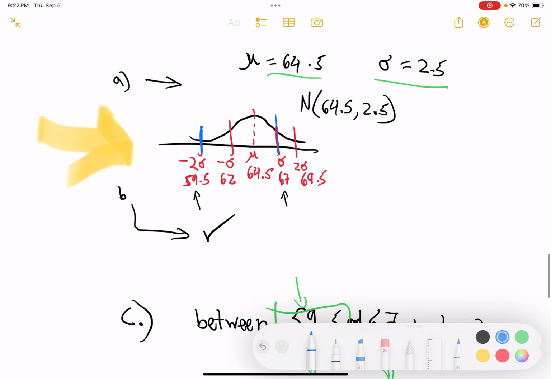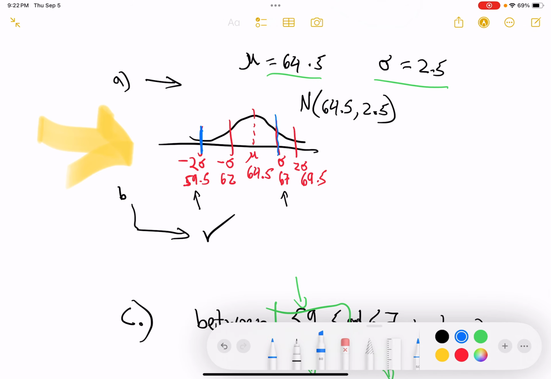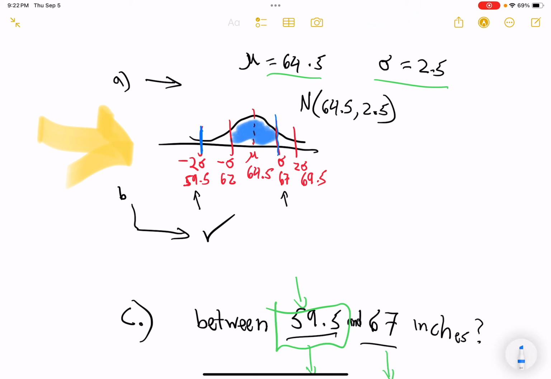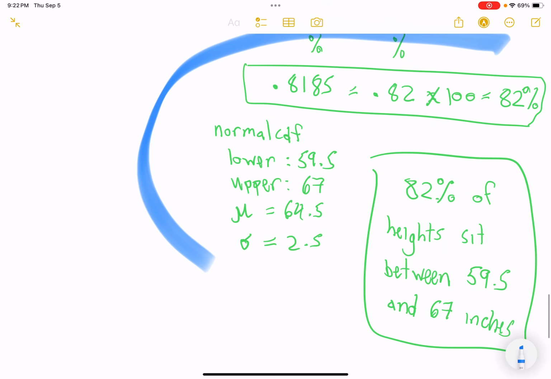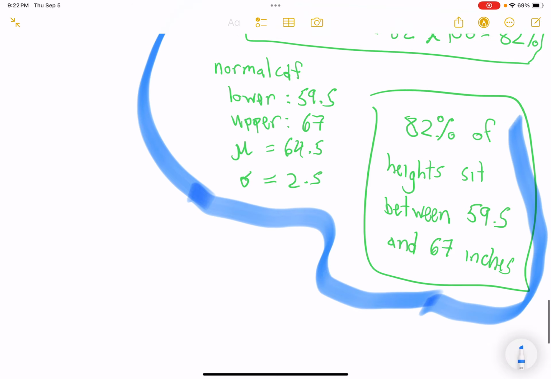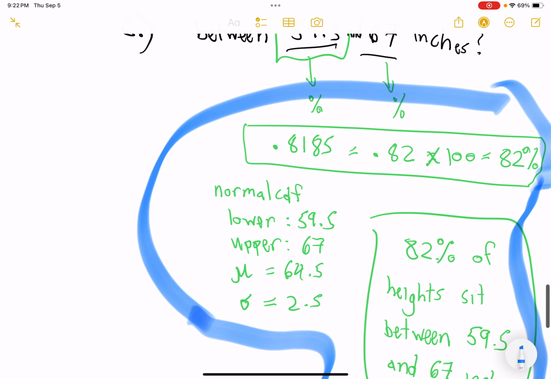Those are my two values. And then I will get my highlighter and I will highlight all of the area under that part of the curve. There we go. And that, along with all of this, makes up my beautiful, lovely, gorgeous answer. And that's how I'll answer problems like that.